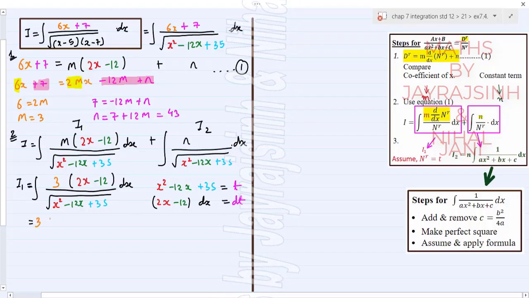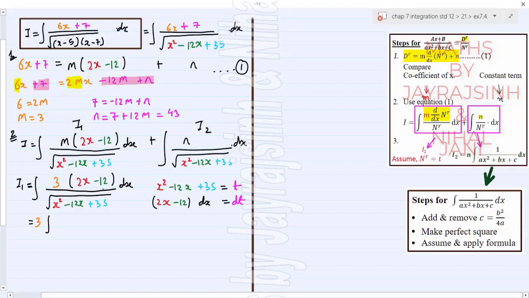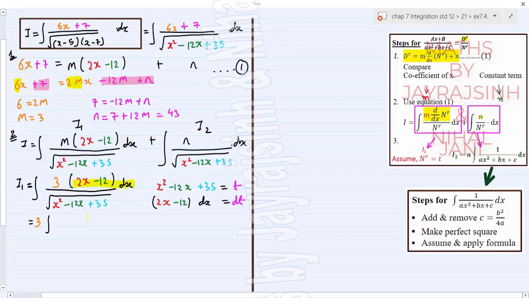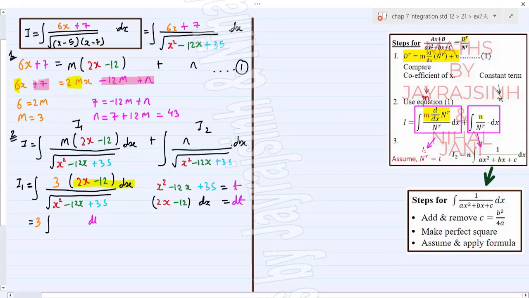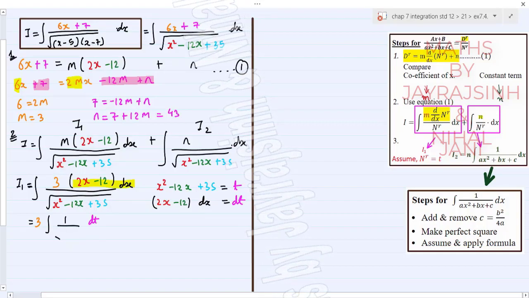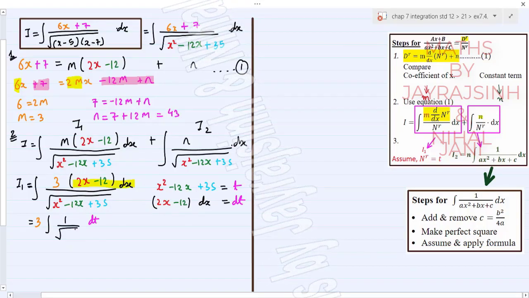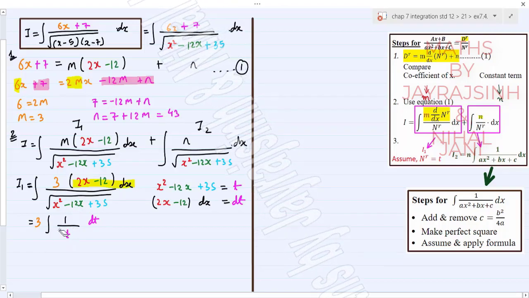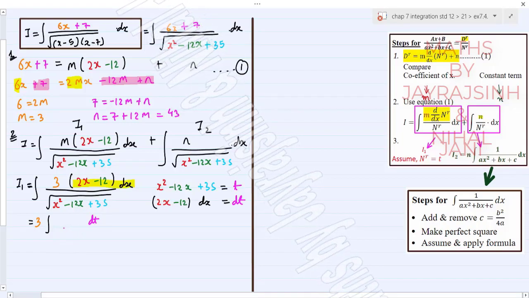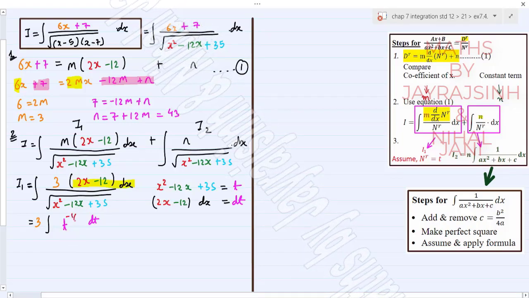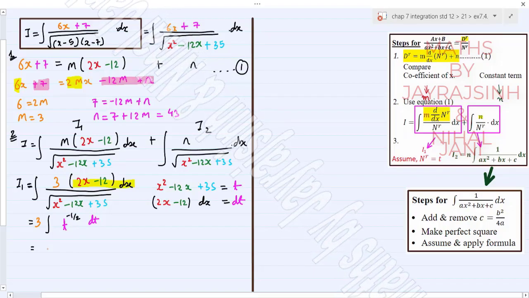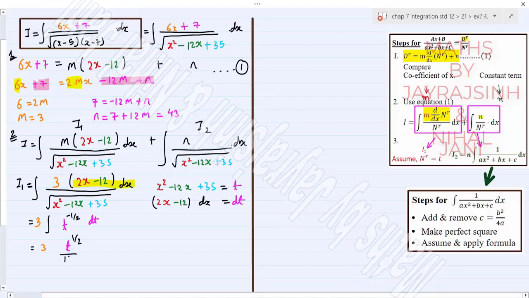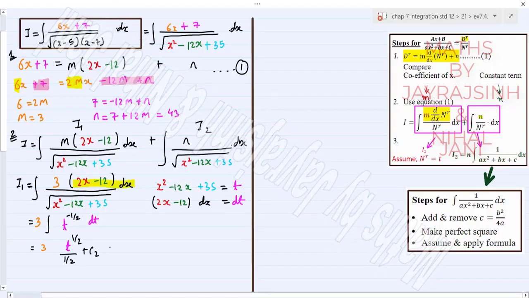We don't have to worry about this 3. It's a constant. Let's modify our I1. This (12x minus 12) dx will become dt, and 1 upon under root of x square minus 12x plus 35 will become 1 upon under root of t, or we can say we have to integrate t raised to minus 1 by 2, which is t raised to 1 by 2 upon 1 by 2 plus c2.